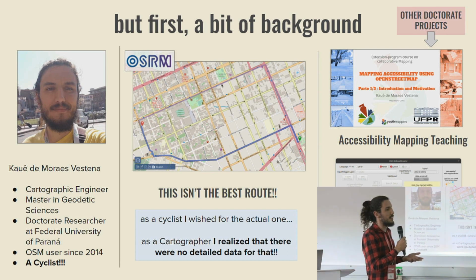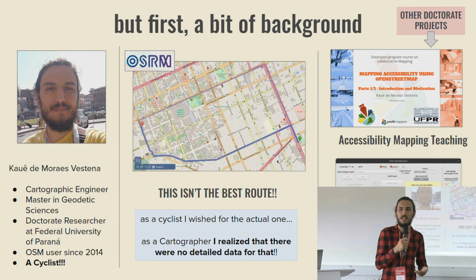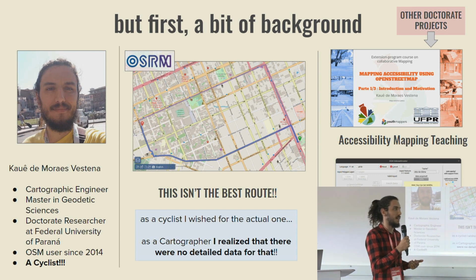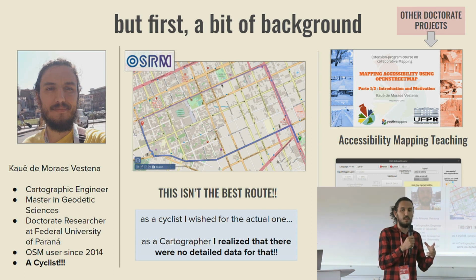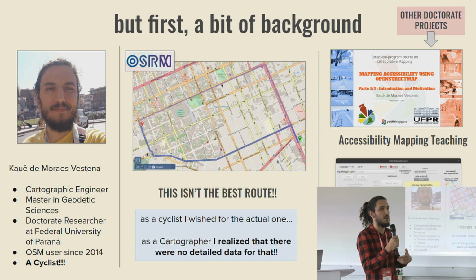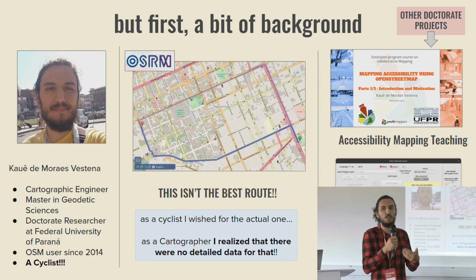So then I started to research the field of pedestrian networks and mapping of them, starting from the philosophical part, the ontologies of what is a pedestrian network or the ways that you can map them.